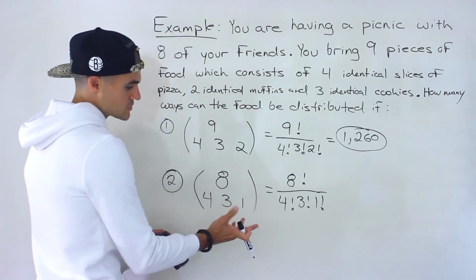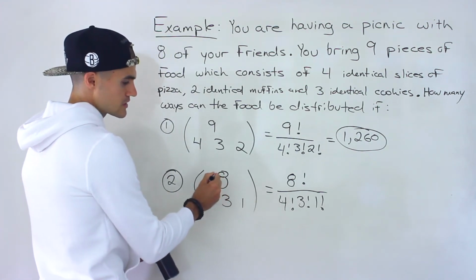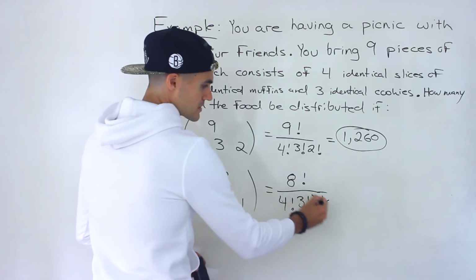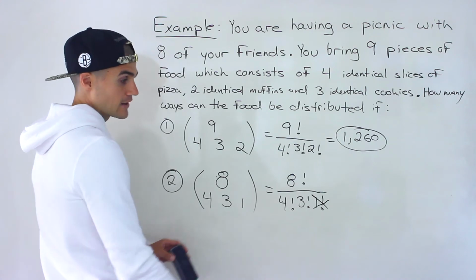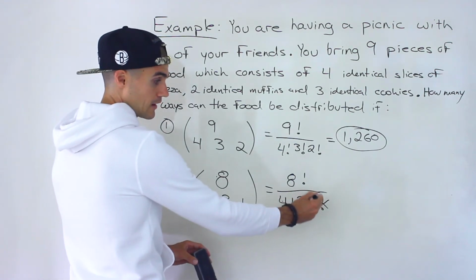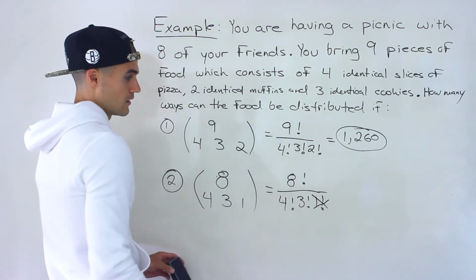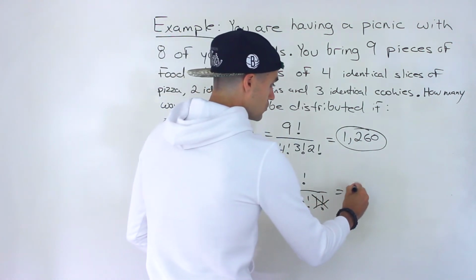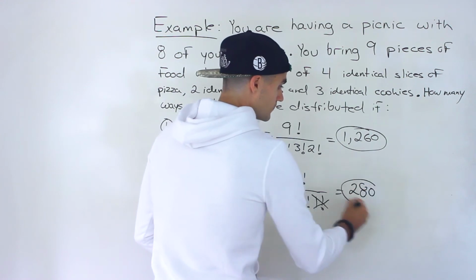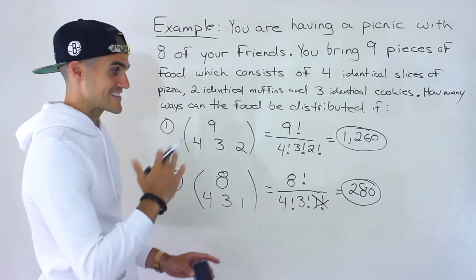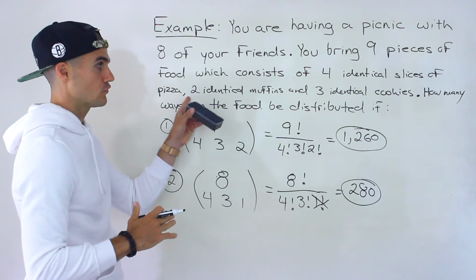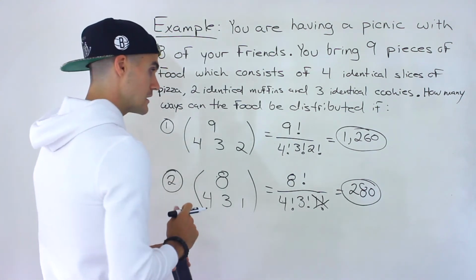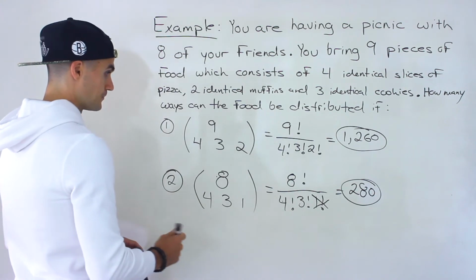It's a nice way to check that the sum of all of this is equal to that. But again, you don't necessarily have to put the 1 factorial there. And a solution may not show that, and it would still be the same answer. Right, so 8 factorial over this denominator would give you 280. So notice how many less cases there are if you for sure are going to have a muffin. Right, so 280 is the answer for that.